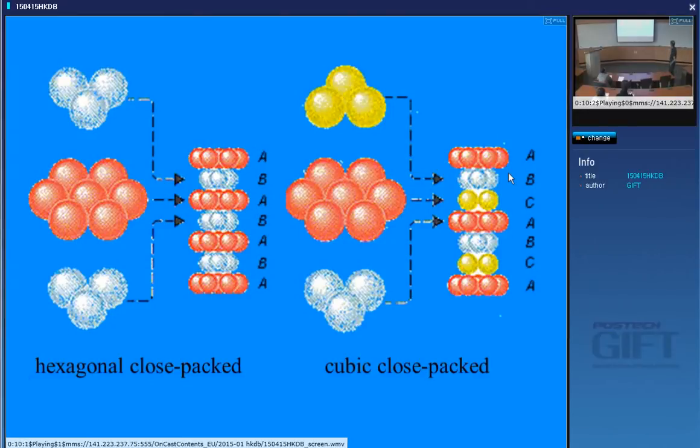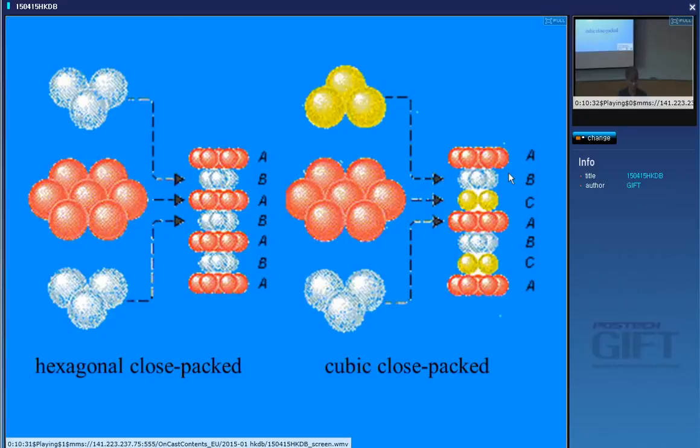If you just look at this diagram, and we are treating this as a hard sphere model, then there should be no change in volume. All we have to do is every second plane we change from A to B, right? So this hard sphere model doesn't predict that there should be a volume change, but in fact the near neighbors are not the same, so you get a volume change as well. I will prove that to you shortly.